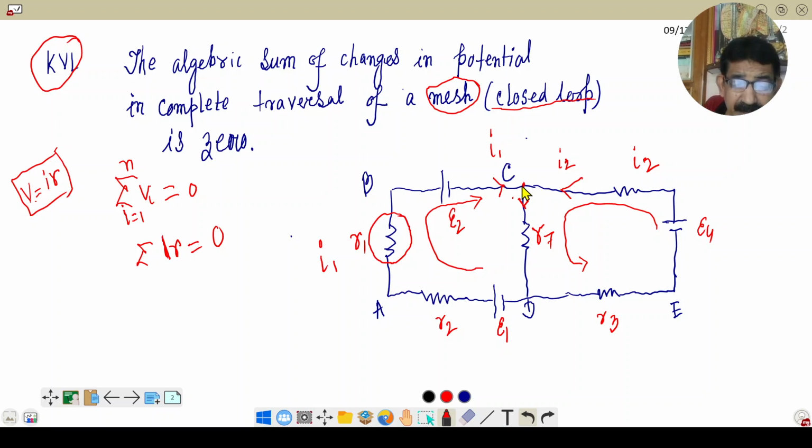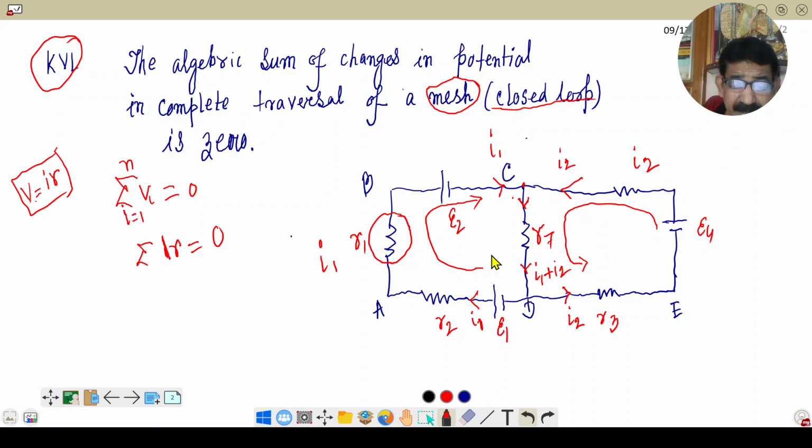Applying KCL at this junction, the current in this part is equal to I1 plus I2. And this current I1 plus I2 comes through this point, and I2 current again passes along this direction, and I1 current passes along this direction. So this is the complete sense.